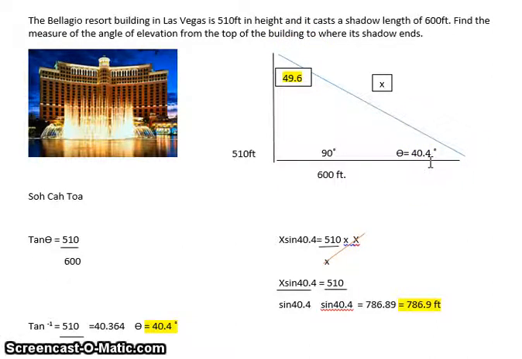And then if you were to find the rest of this triangle created by this problem, this would be the other angle, and then the hypotenuse of it would be 786.9 feet. And so that is how you would solve this problem and figure out the rest of the triangle.